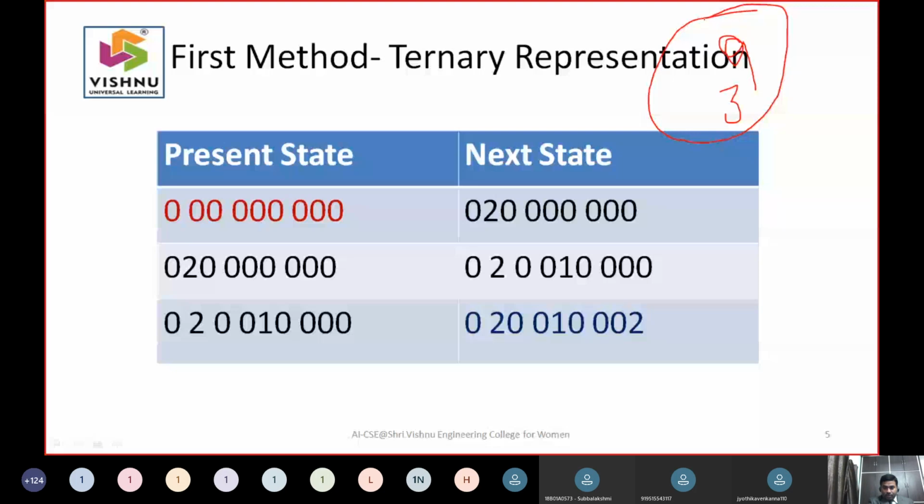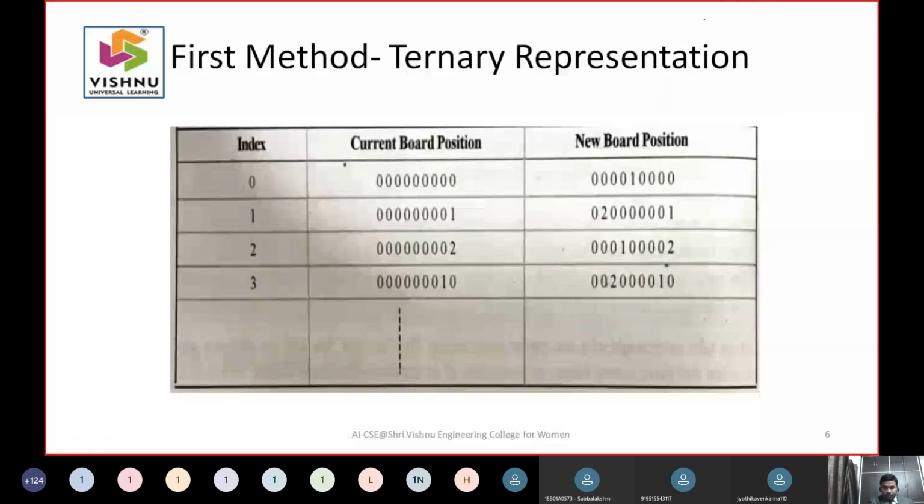If you see the textbook, it will be like this. Indexing can start with 0, and you can have any number of indexes, because I said how many rules there can be in 3 power 9. 3 power 9 means 19,600 will come. So you can start with 0 here. If it starts with 1, you get 3 power 9 minus 1 different indexes.